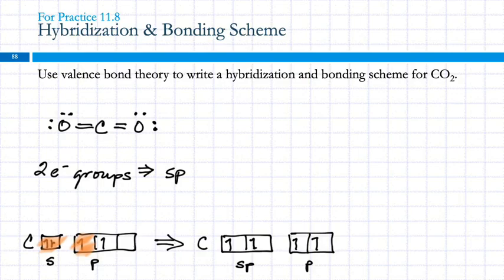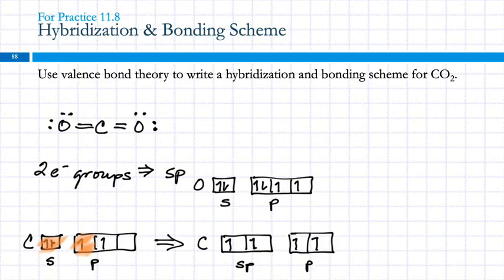Then I have oxygen. Oxygen has 6 valence electrons. 1, 2, 3, 4, 5, 6. And there's 2 of those. So between the carbon and the oxygen, I need to make a sigma bond. The sigma bond is always going to be the hybrid orbital.